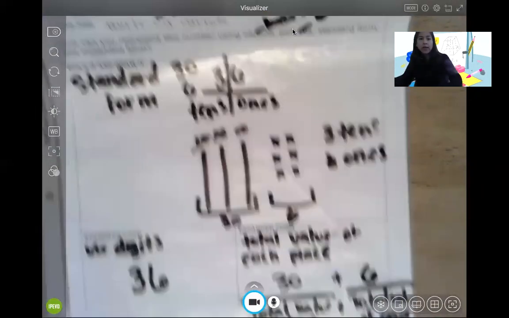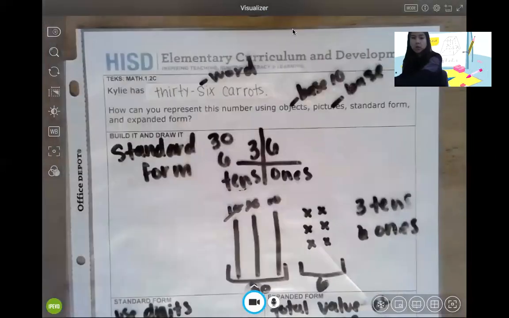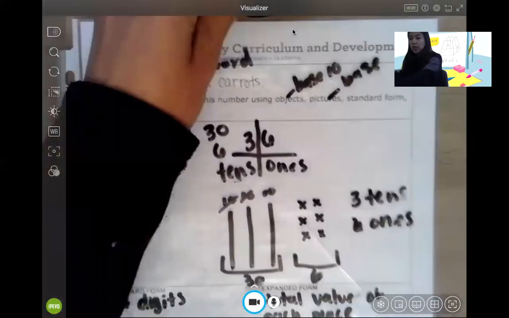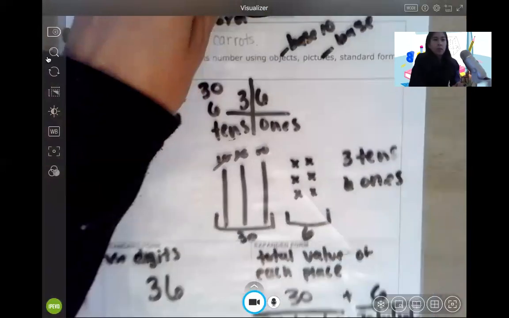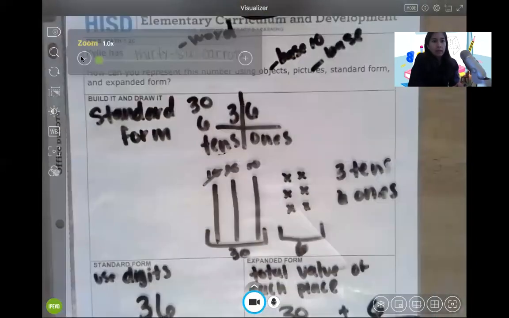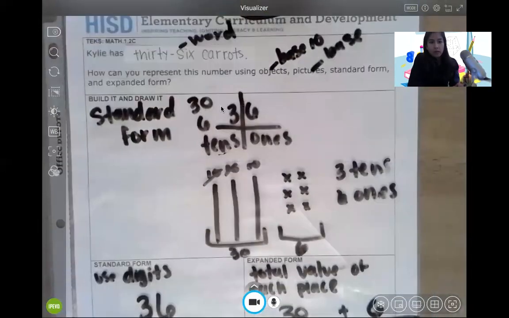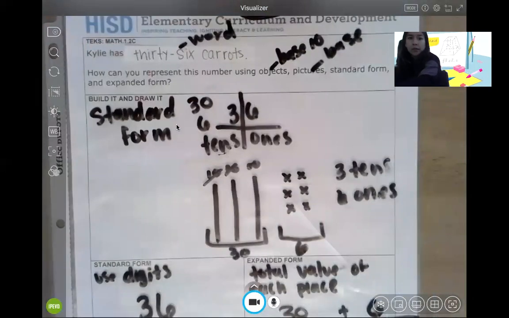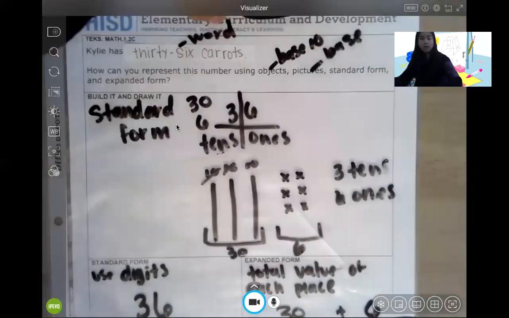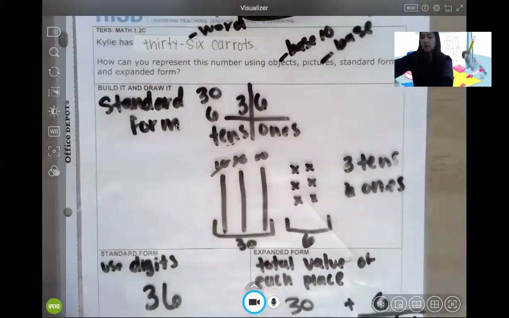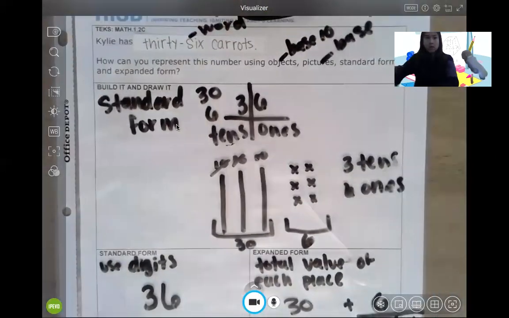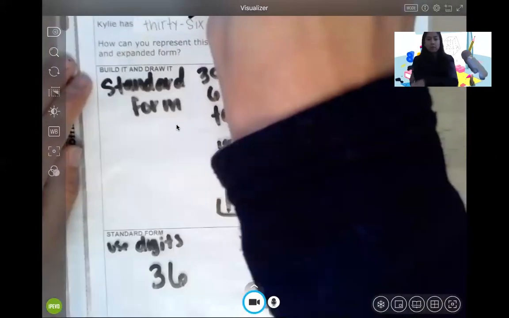So let's go ahead and take a screenshot of this work in case you want to look at it later. Let's see if we can make this work. Let's scoot it up a little bit. Get all of it. There we go.